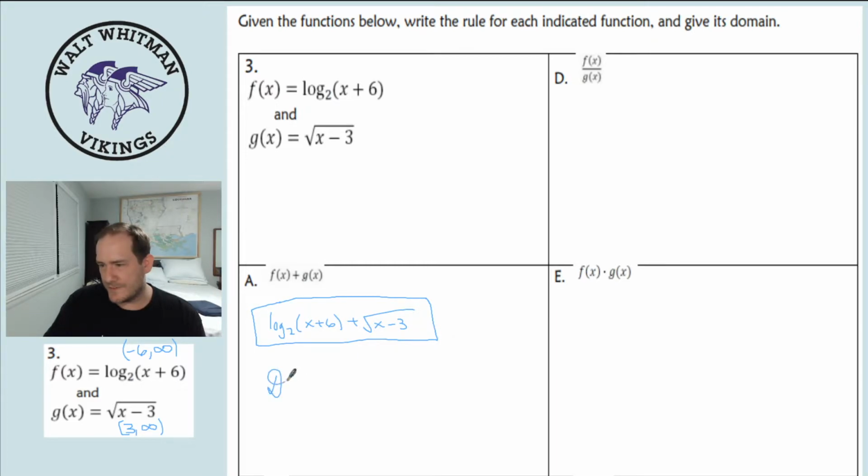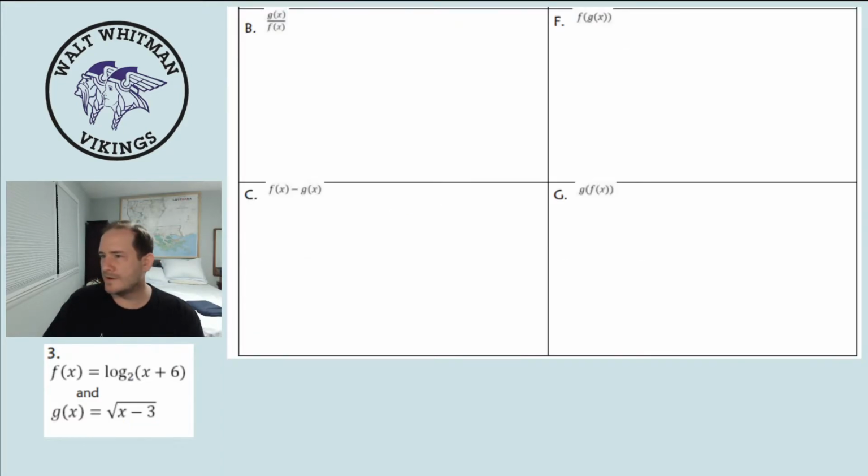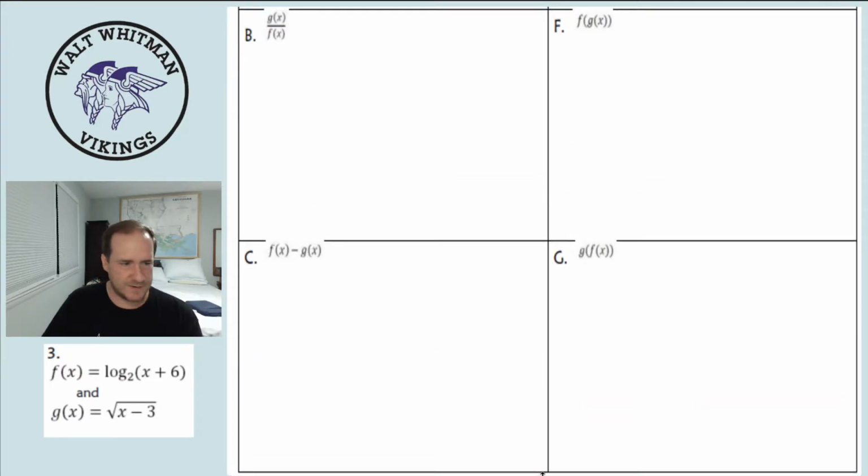And we already said the domain of f plus g is essentially just going to end up being the domain of function g, the 3 to infinity domain. So there you go. There's both of the things I wanted you to do: function rule, domain.